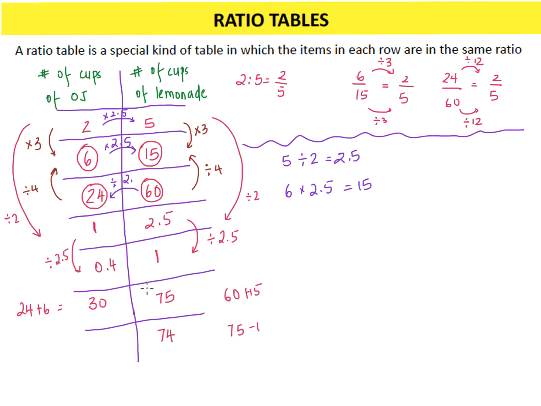And on the other side, I'm taking 75, I'm taking 1. And on the other side, I can do 30 minus 0.4, and that gives me 29.6. So without doing too many complicated calculations, I can actually figure out numbers in the ratio table by adding and subtracting rows.